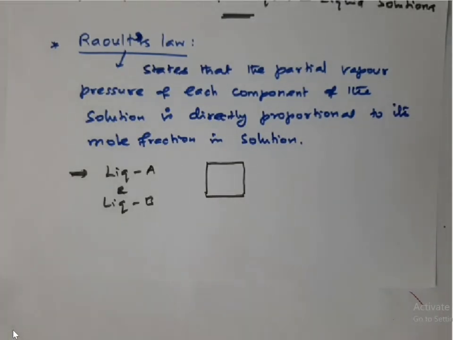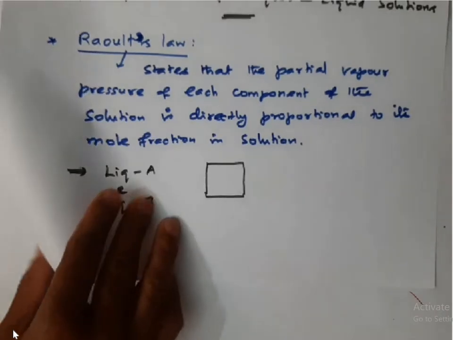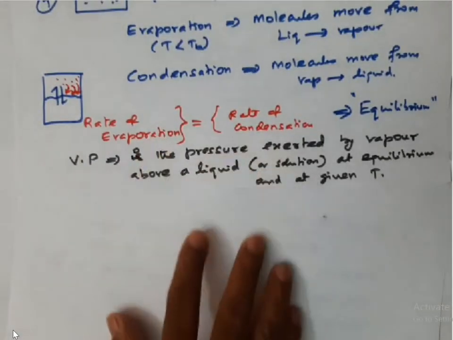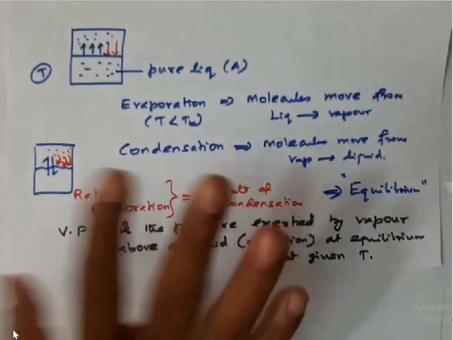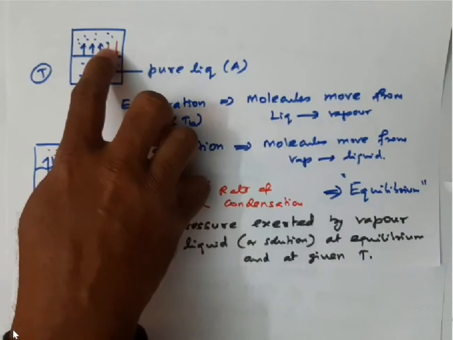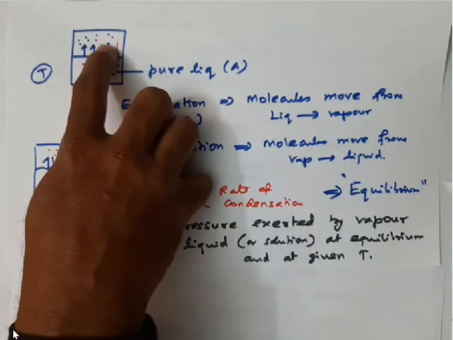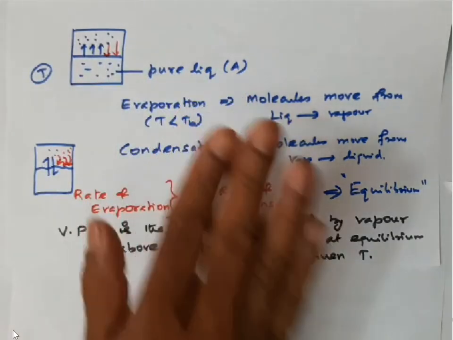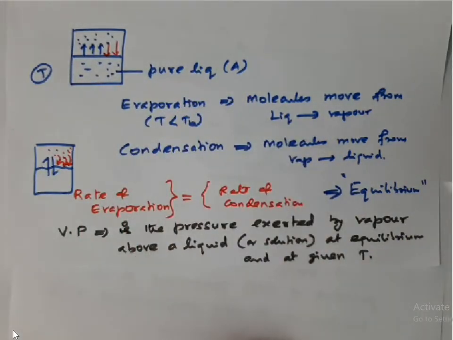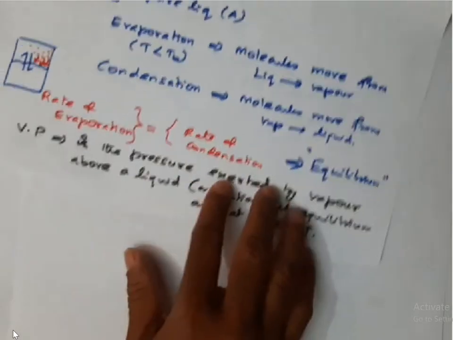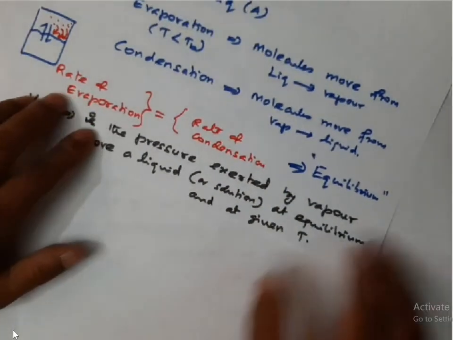Listen, in vapor pressure, students, observe this carefully. I told you what vapor pressure is. It is the pressure exerted by the vapor above a liquid at equilibrium and at constant temperature. That is the definition of vapor pressure. And here you should keep some things in your mind.